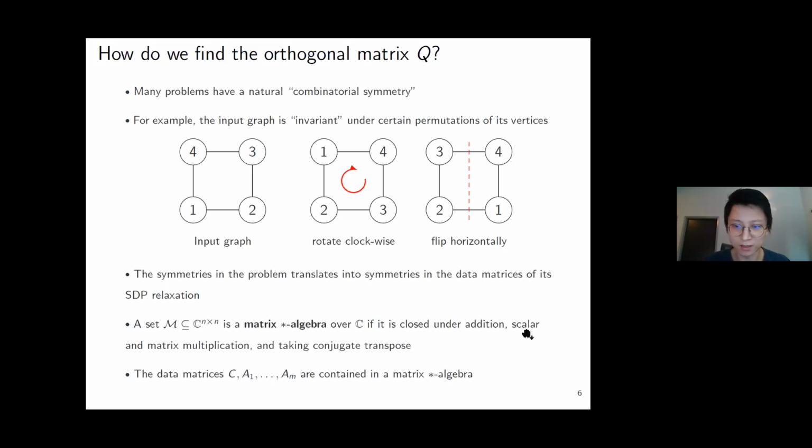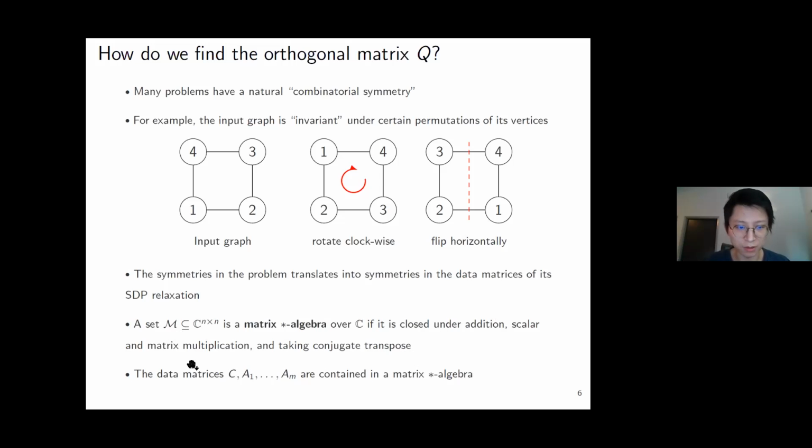And similarly, scalar and matrix multiplication and taking conjugate transpose, all those operations are closed in this set. So a matrix star algebra is nothing special, but a subset of matrices satisfying certain closedness properties.